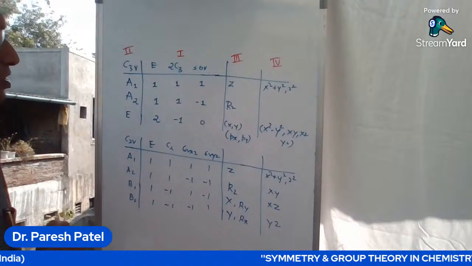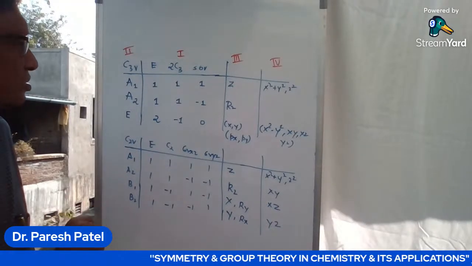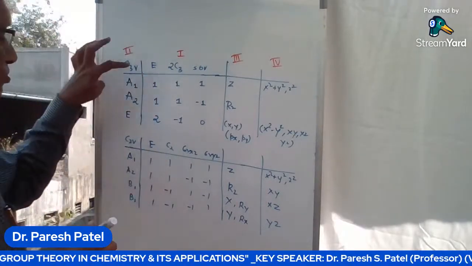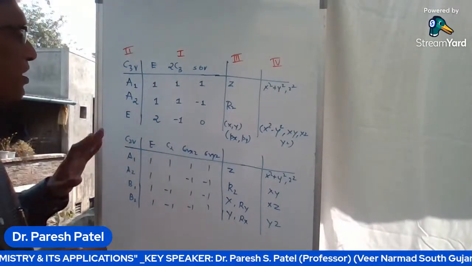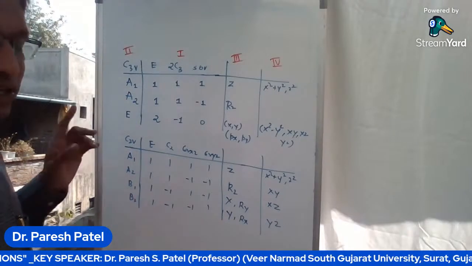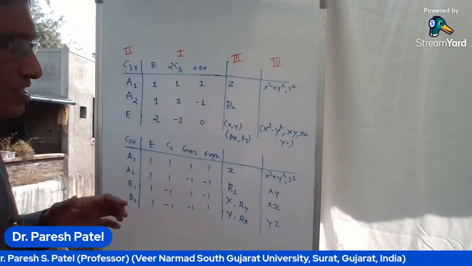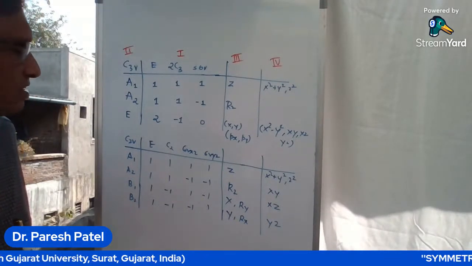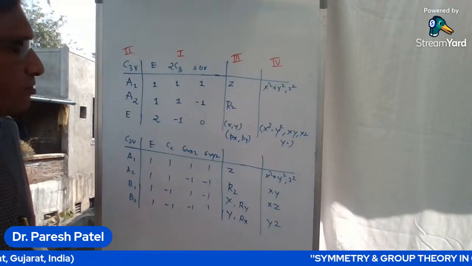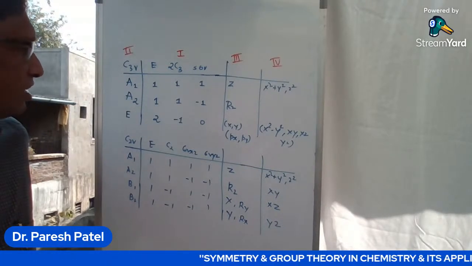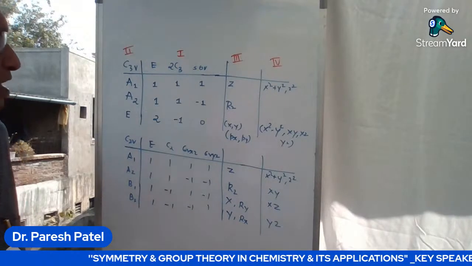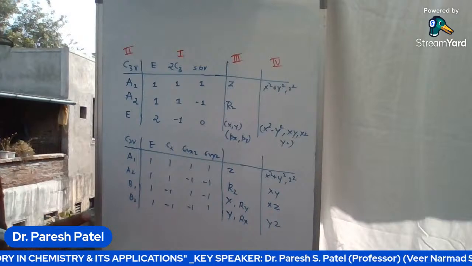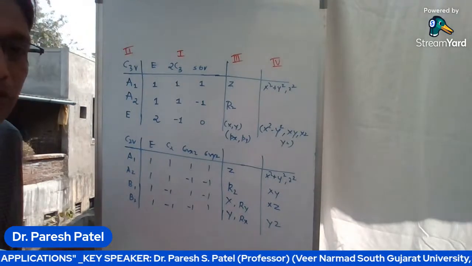Area number two, the top left corner of the character table, represents symbols for the point group according to the Schoenflies method. Area number two also represents Mulliken symbols. We already discussed that if the representation is one dimensional, capital letter A or B can be used.